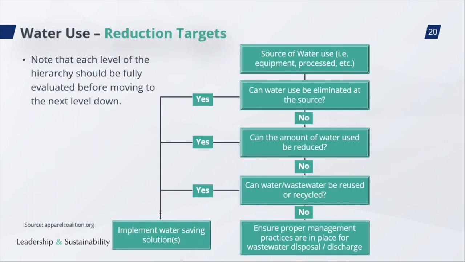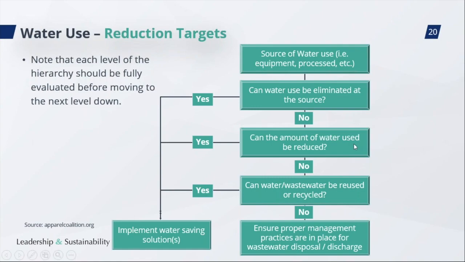And here now is a simple decision tree that can help you evaluate your water saving opportunities. You can use this flow diagram as a guide and basically ask all of those questions in relation to your water savings opportunities. So you begin at the top, you have the source of water, and you ask yourself, can water use be eliminated at this source? Perhaps it can, then you can implement a program accordingly.